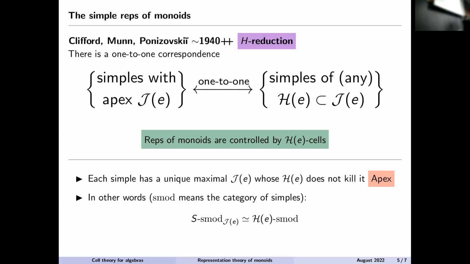And so idempotents can act as 0 or 1 on top of the simple module. And all the stuff up here will annihilate the module. As soon as some element of the cell annihilates the module, then the cell relations force everything else. The apex is the top one.